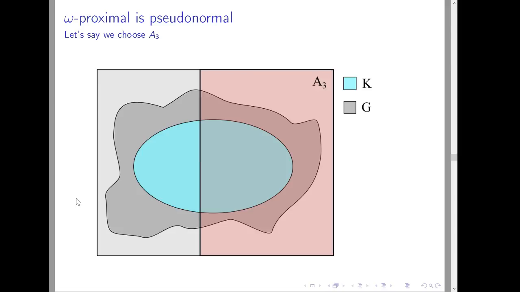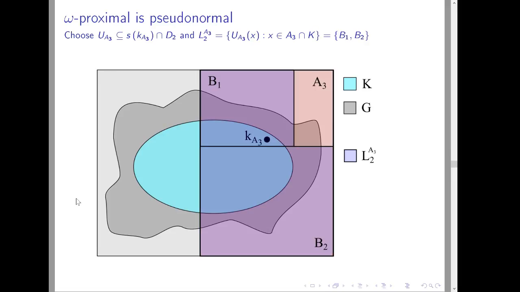Here's how we're going to divide up A3. First, we remember that we chose a distinguished representative from the closed set K in A3. And then we remember that we have a winning strategy for Entourage, and we've just seen a point. So we can take the Entourage chosen by the strategy from seeing the point k sub A3, so that's S of k sub A3.